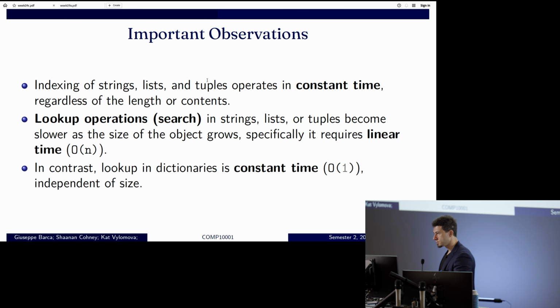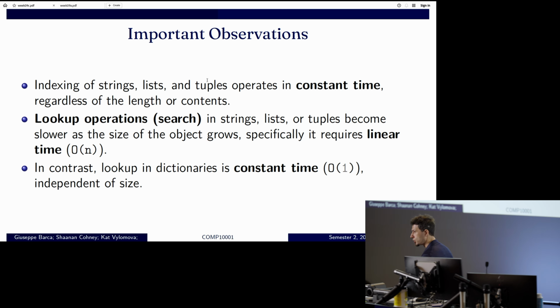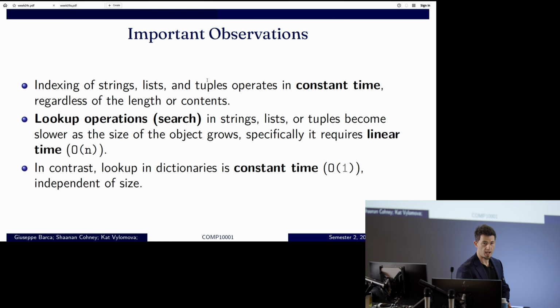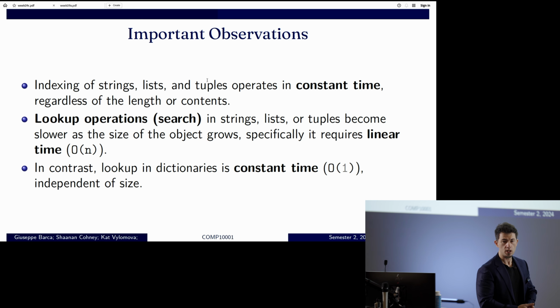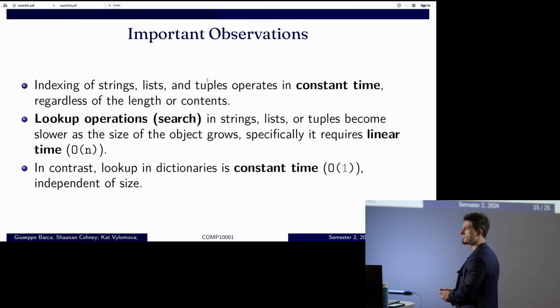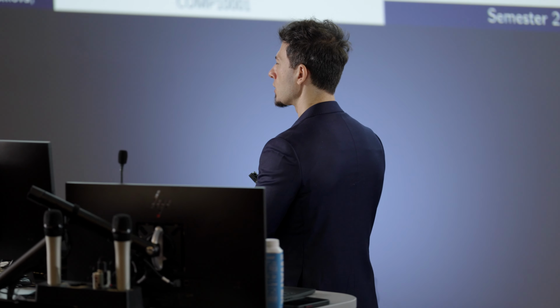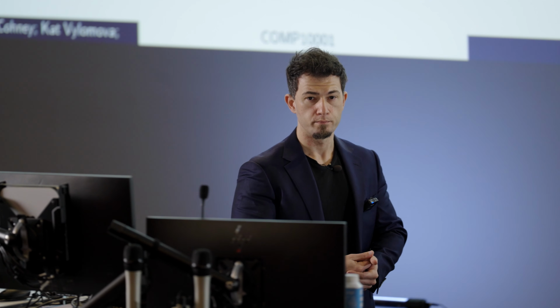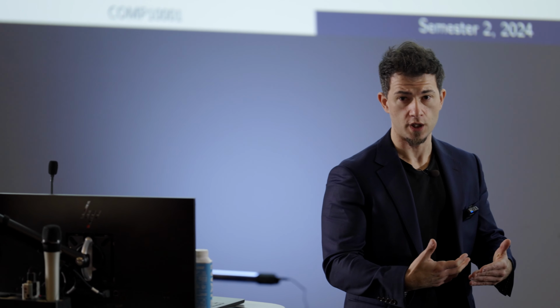In contrast, the same operation, searching for a specific value given a key in a dictionary, takes constant time. So even if the dictionary grows, that access time is constant. And this is a big advantage of dictionaries.